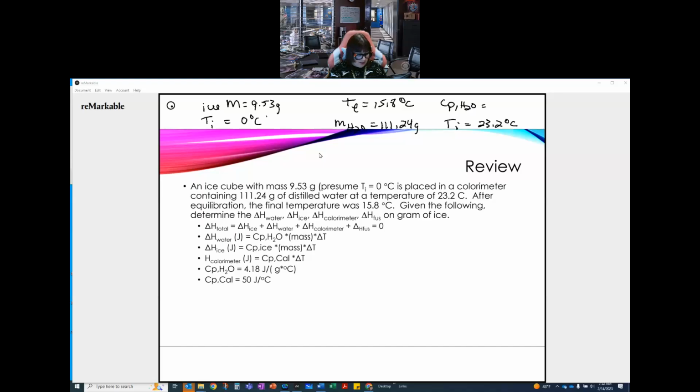So on the bottom of page 10, you'll see specific heat capacities, joules per gram times degrees C at STP. Okay, and I can see from here that the water is 4.18 joules per gram per degree C.